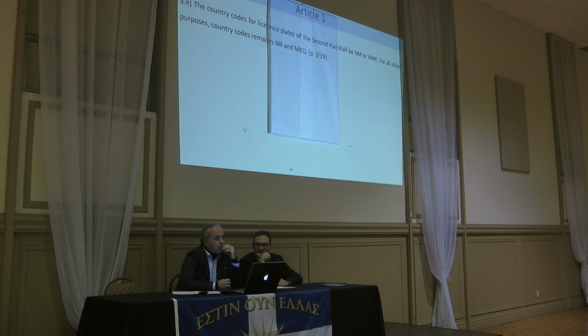So imagine that we have, in fact, two license plates, one for inside and one for outside, and so we solve the problem. You just change. You go in Greece, it's okay. So this is in the same article, okay? So even Article 1 proves that there is no erga omnes.